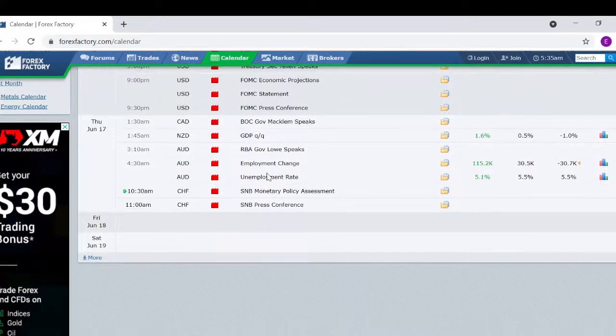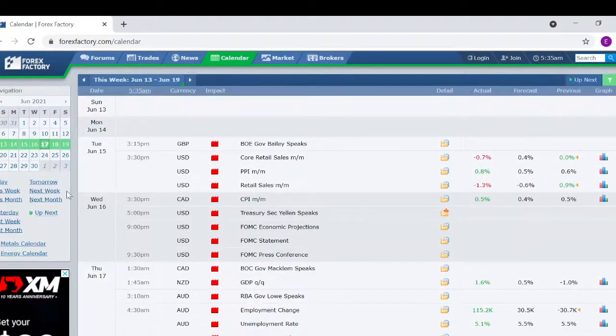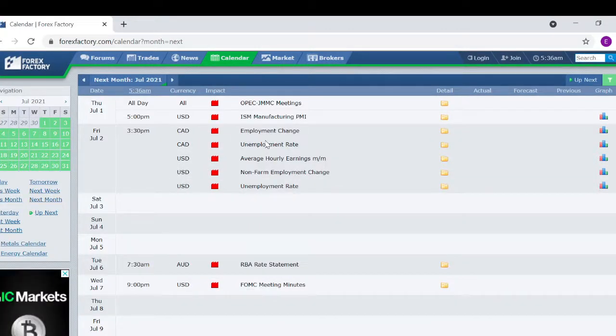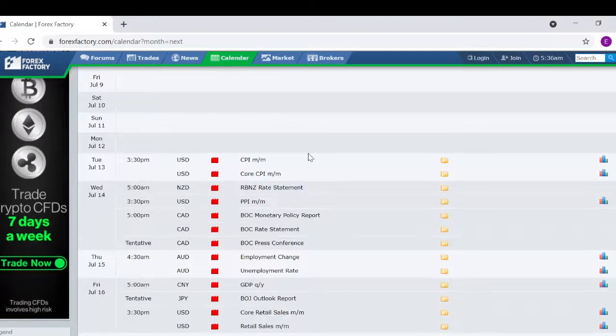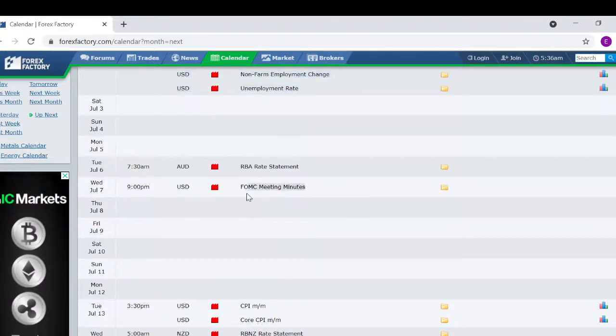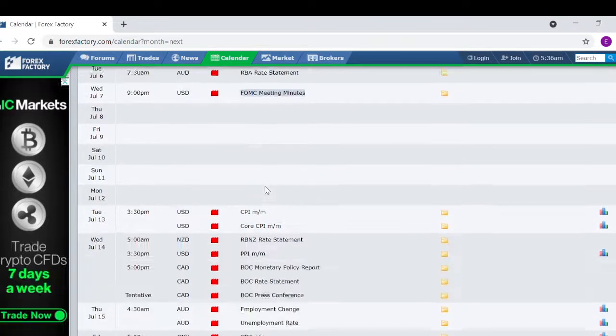What's coming for next month? So yeah, like this one I actually must trade on this 2nd July. And this one July 7, I shall look out at it.